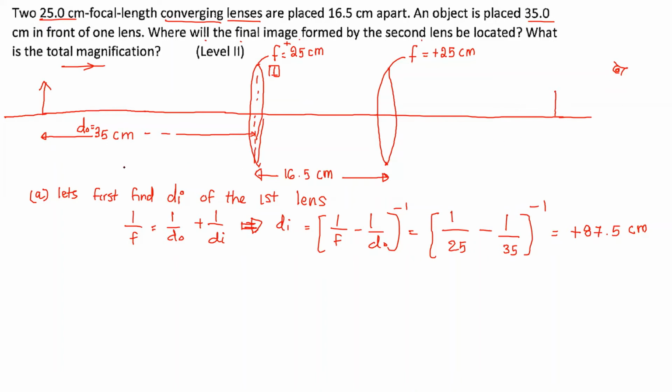So we know the place, but we don't know whether it's upright or inverted. We really know it, but let's assume that we don't know. Usually when we get a real image, it is inverted, right? So let's calculate M. Can you calculate the magnification and tell me? This is the equation.